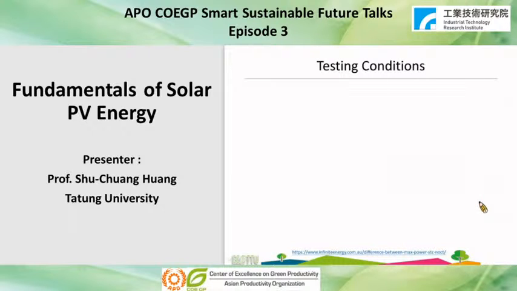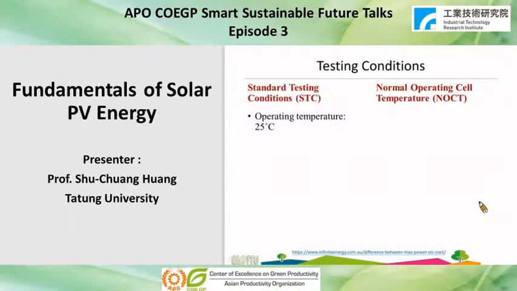A standard test condition for a solar module is defined as an operating temperature of 25 degrees Celsius, solar irradiance of 1 kilowatt per square meter, and an air mass of 1.5.